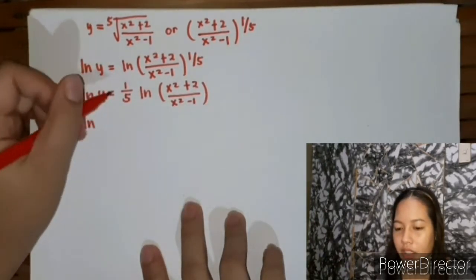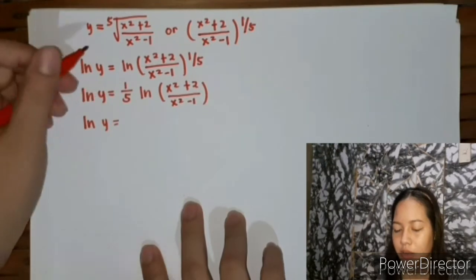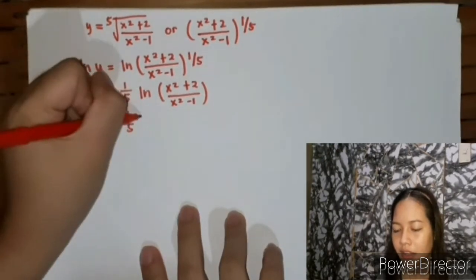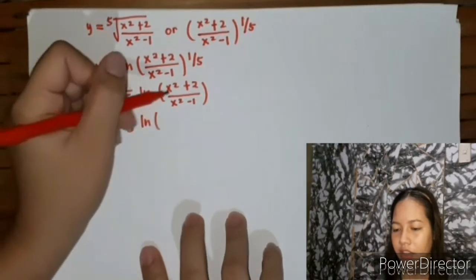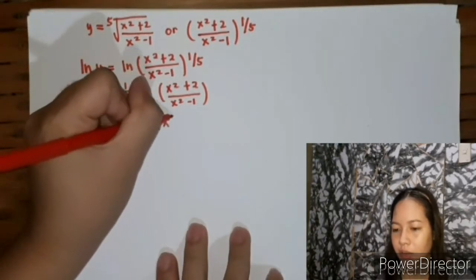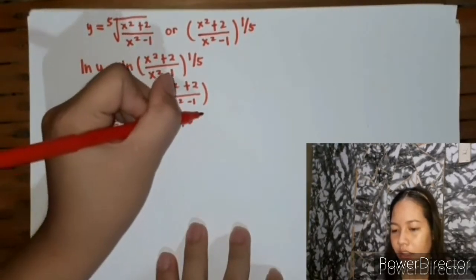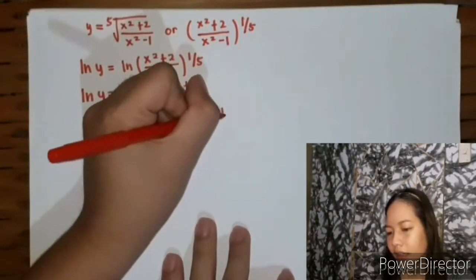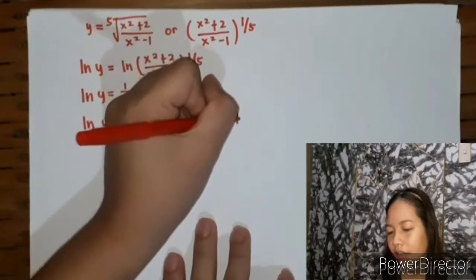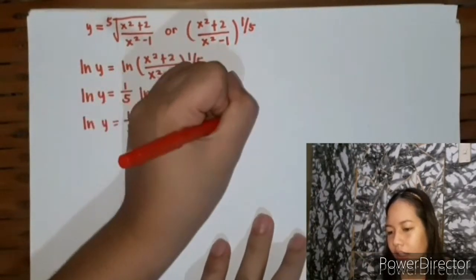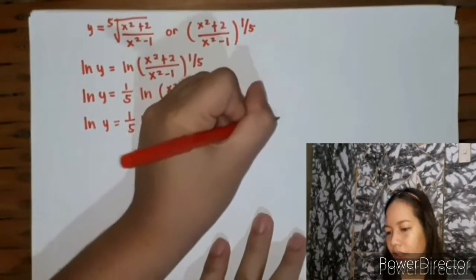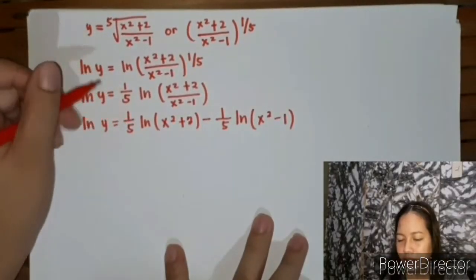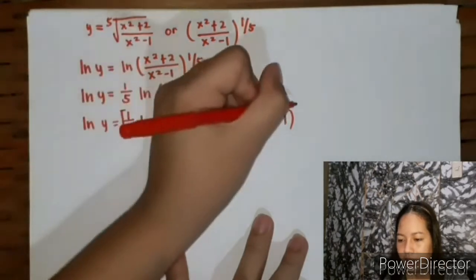We will get ln of y is equal to 1 over 5 ln of our first expression, x squared plus 2, then subtract, copy the 1 over 5 ln of our second expression, x squared minus 1. And now we will get the derivative of both sides.